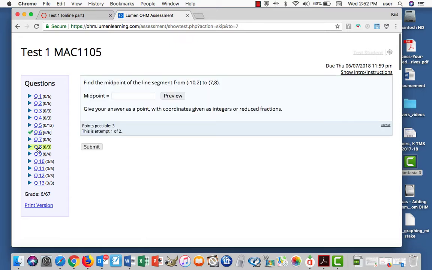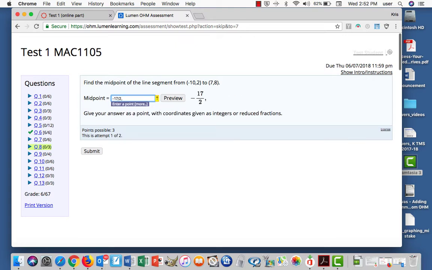Let's skip to number 8. On this one we're supposed to find the midpoint. And notice it says to give your answer as a point with coordinates given as integers or reduced fractions. So if I fill in the midpoint, which is -17 halves, 5, again, it's telling me invalid notation.